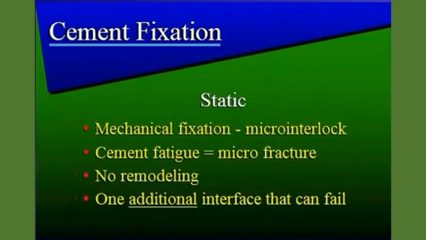Cement holds the prosthesis in by means of a microlock. This is the reason why we like to irrigate. We like to use pulse irrigation and suction. At times people use some form of constriction of the vessels to prevent bleeding so that the trabecular spaces are empty.